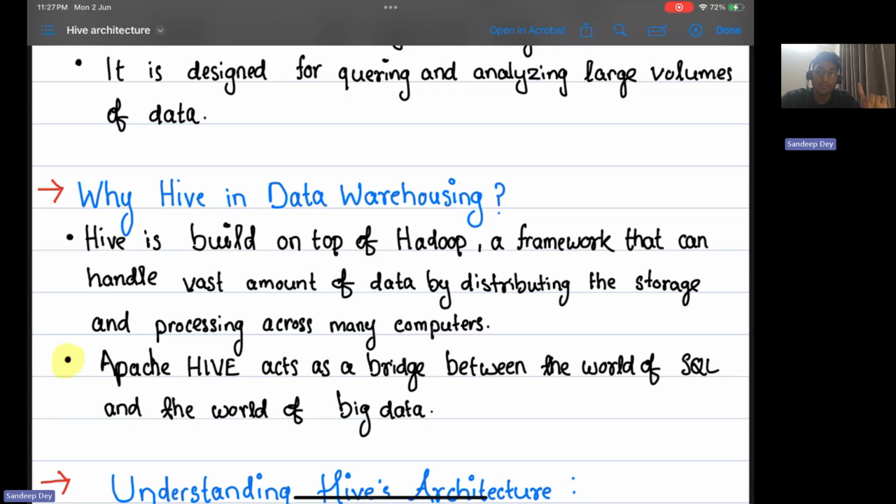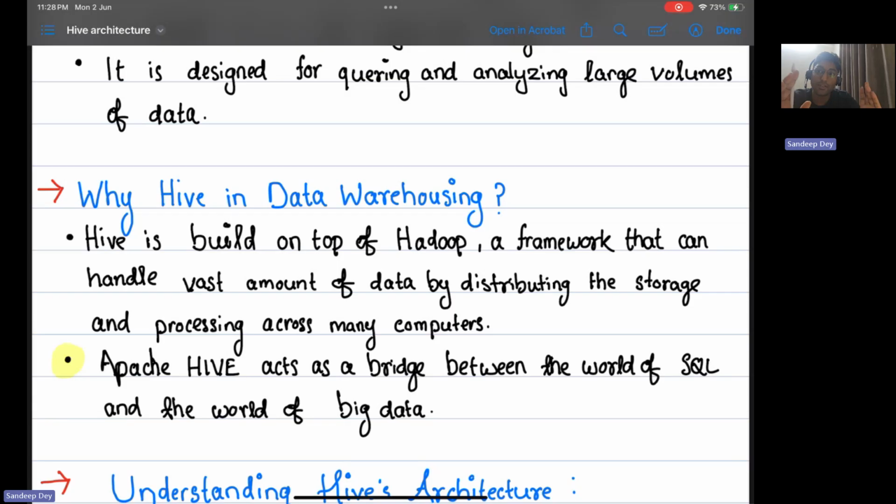Hive is built over Hadoop, a framework that handles vast amounts of data by distributing the storage and processing across many computers. Basically Hadoop is a system which distributes the data and load across different compute systems.